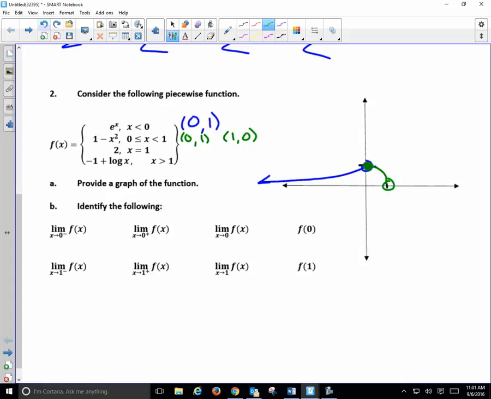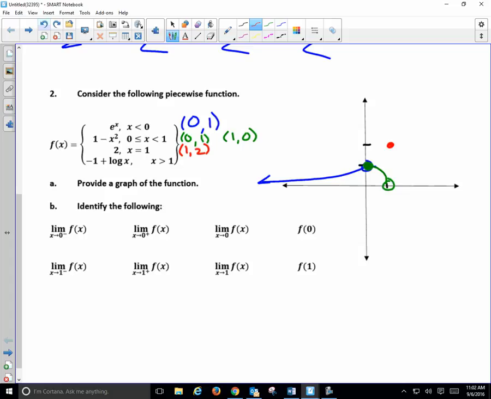What does the third graph look like? Right, but because it's just at one x value, it will create a dot or a point, yes. So 1, 2. And then negative 1 plus the log of x.